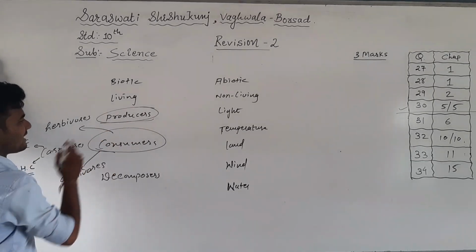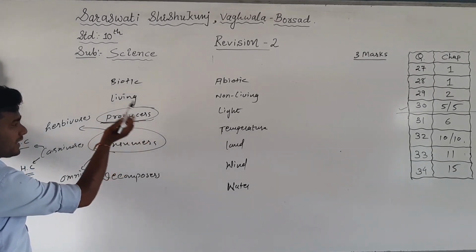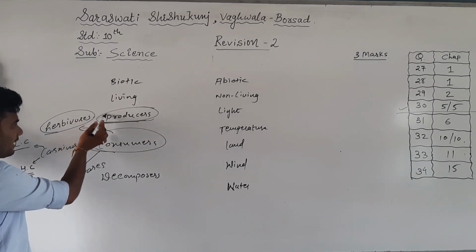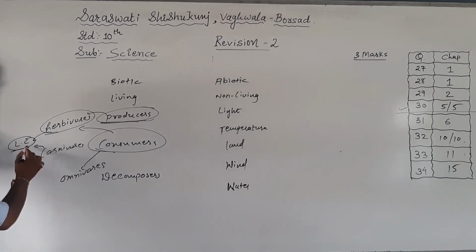So how will the trophic levels be? Producers will be our first trophic level. Producers are eaten by herbivores, so that will be our second trophic level. Herbivores are eaten by lower level carnivores, so third trophic level, and they are eaten by higher level carnivores, so that will be our fourth trophic level.